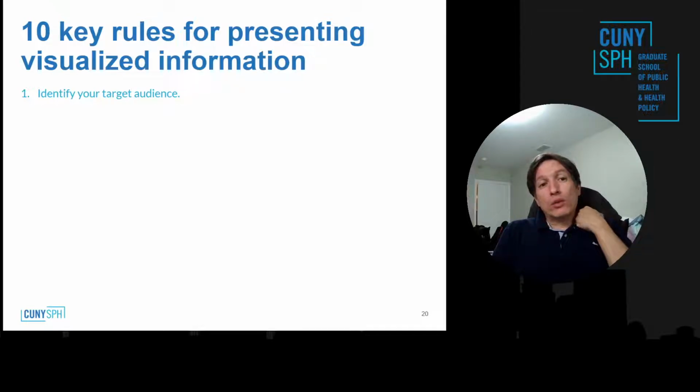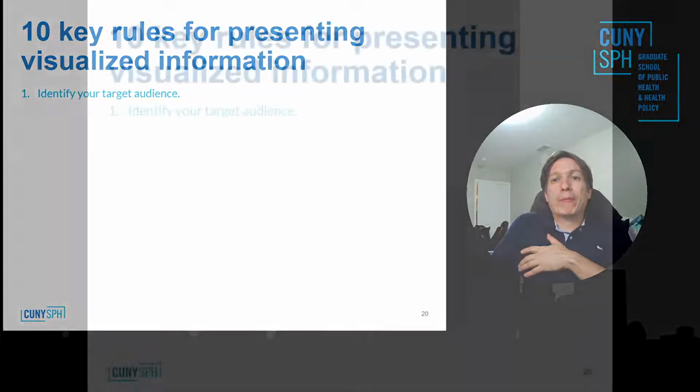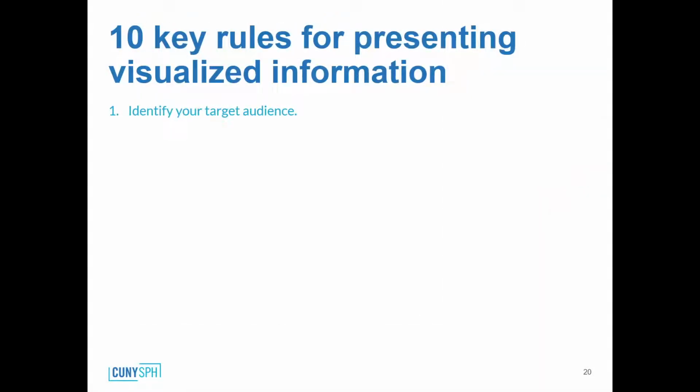Why? Because once we understand the audience, we can adapt the content to that particular audience. We can talk their language. We can personalize the content to our audience and be more effective.